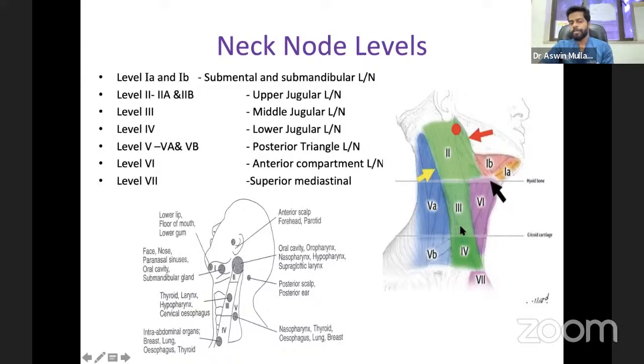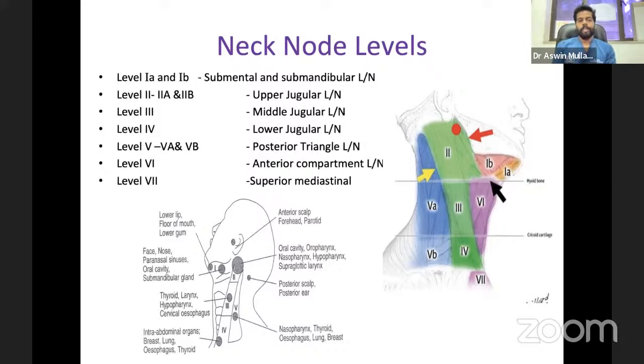Similarly, levels 2 to 4 run from the base of skull to the clavicle along the sternomastoid. Then posteriorly we have level 5, further divided into 5A and 5B, between the posterior border of sternomastoid, the anterior border of trapezius, and inferiorly the clavicle. In the second picture you can see the various nodal stations where tumors or cancers of the head and neck can harbor metastasis.